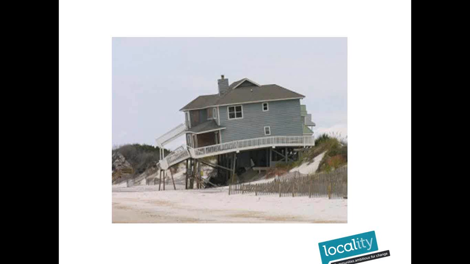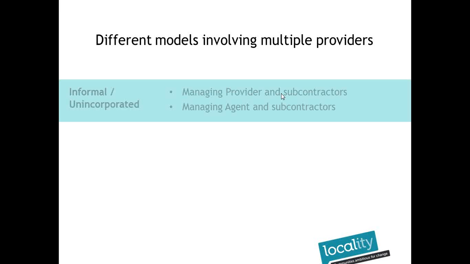So structures are important, but we always say that the form should follow the function. So decide upon the function first before looking at the structures. But we'll have a quick look at the different models that are available. But again, don't get too bogged down in these, because these are something really to look at later on once you've thought about partnership working in more detail, I would say.